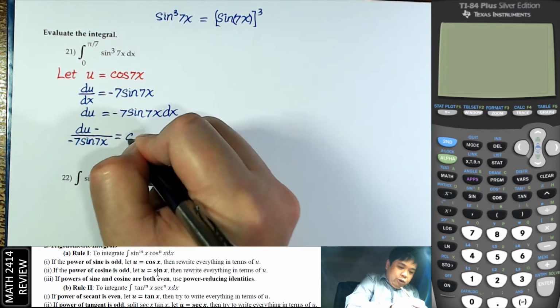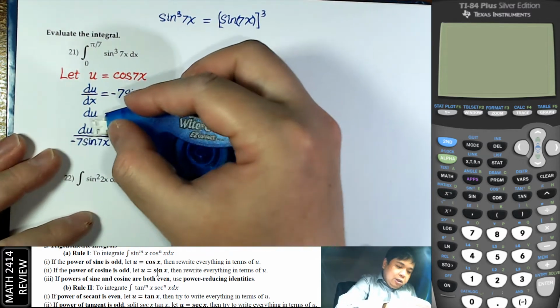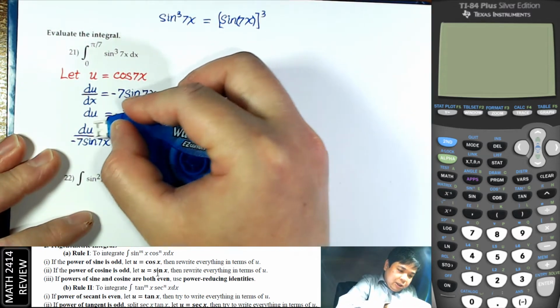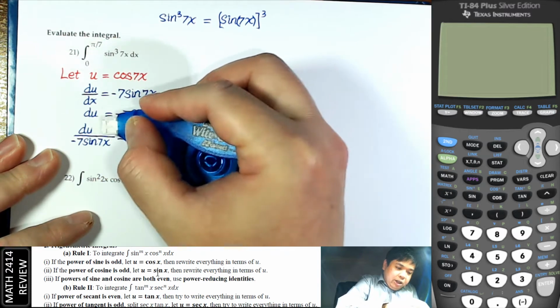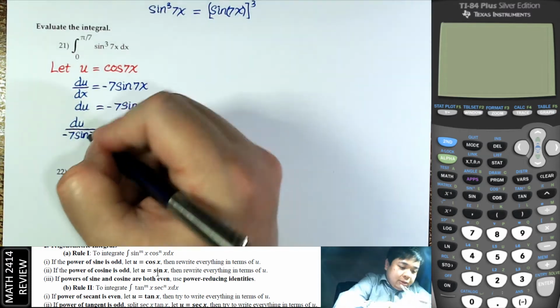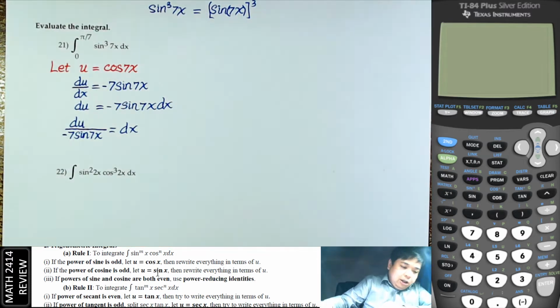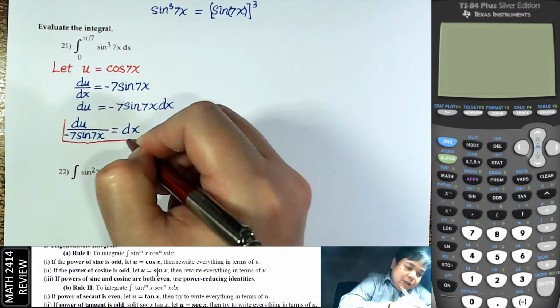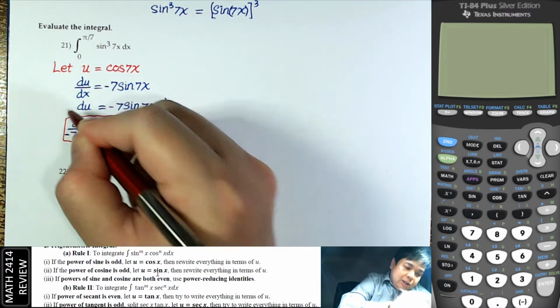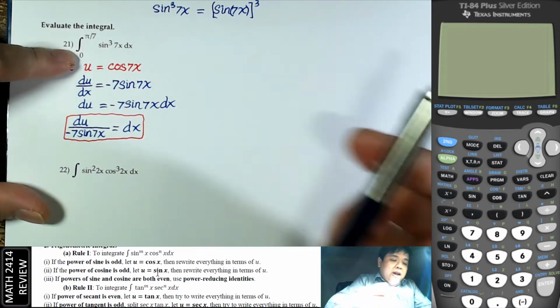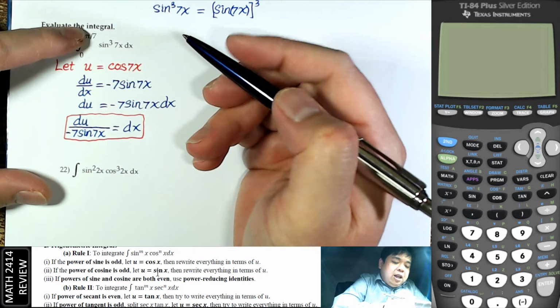Right, so we solve for the dx. We have u and dx. And then the limit, x goes from 0 to pi over 7.